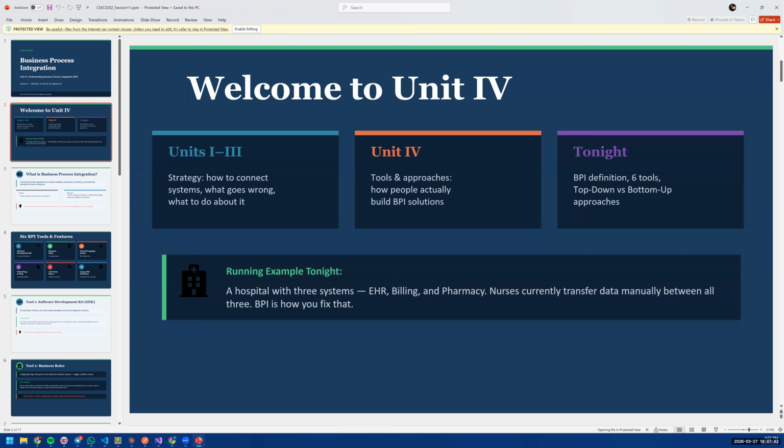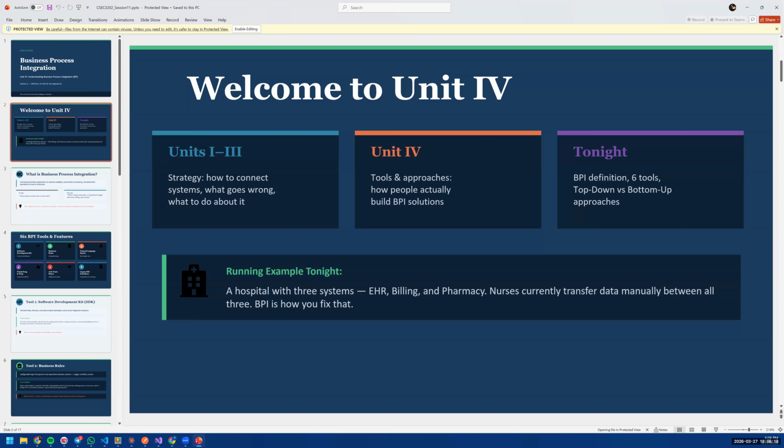Second thing is we're going to be looking at 6 BPI tools and the features that you need to know. And then the third thing is the 2 main approaches to BPI, which are very similar to what we've looked at before: top down and bottom up.